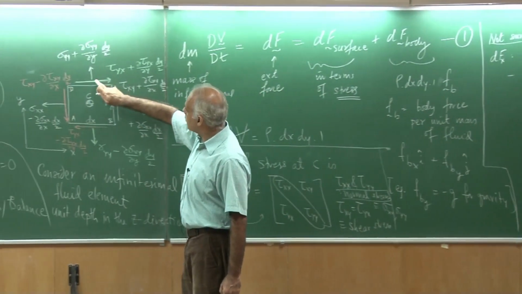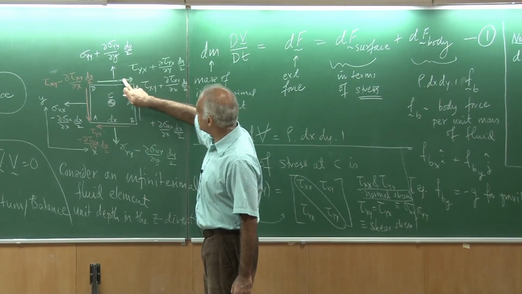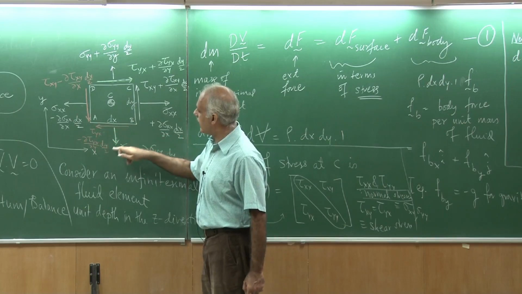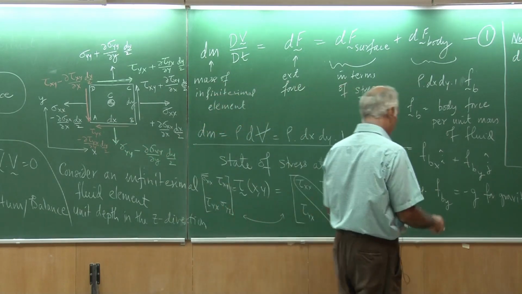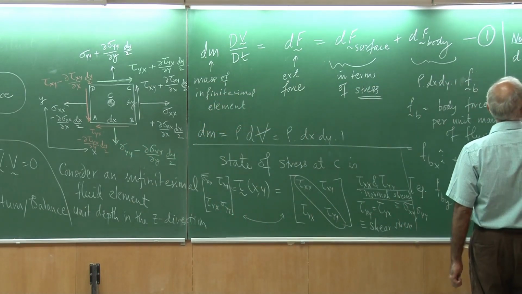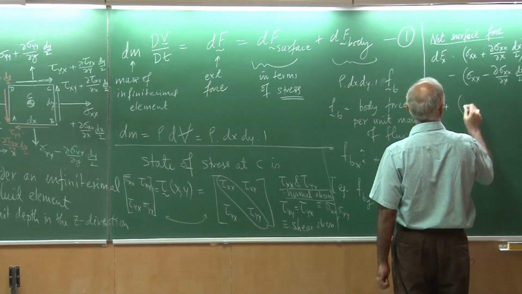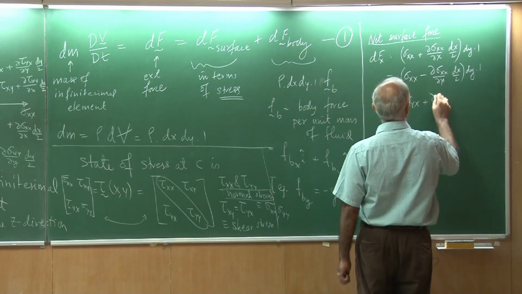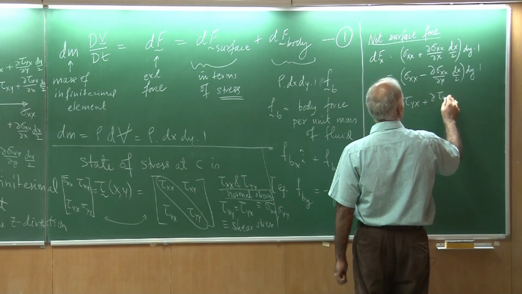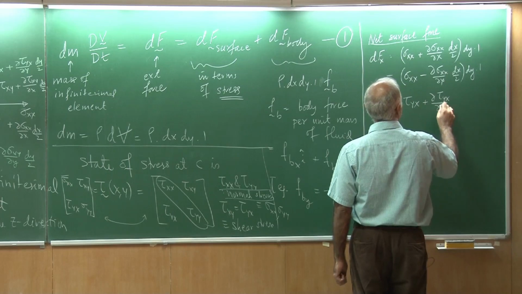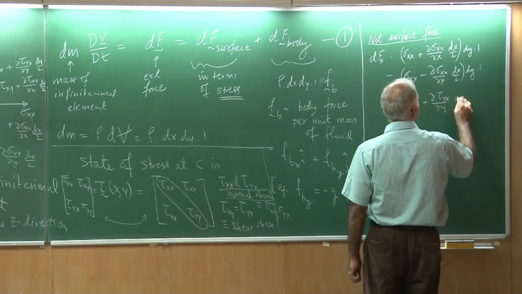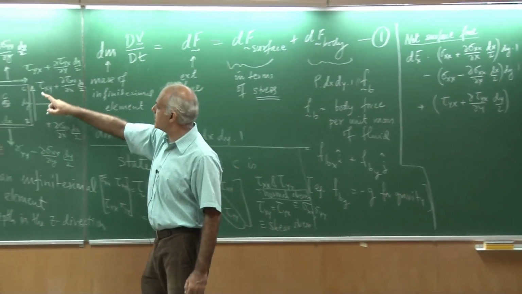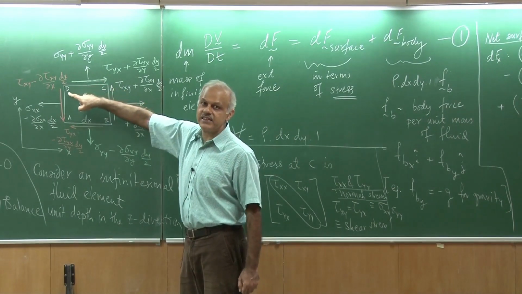I now need to account for this green stress over here, tau yx, and this number here, and then the red one which is written over here. So let me complete that. Plus I have tau yx plus del tau yx by del y dy by 2, and this time I need to multiply it with the area of the face CD.